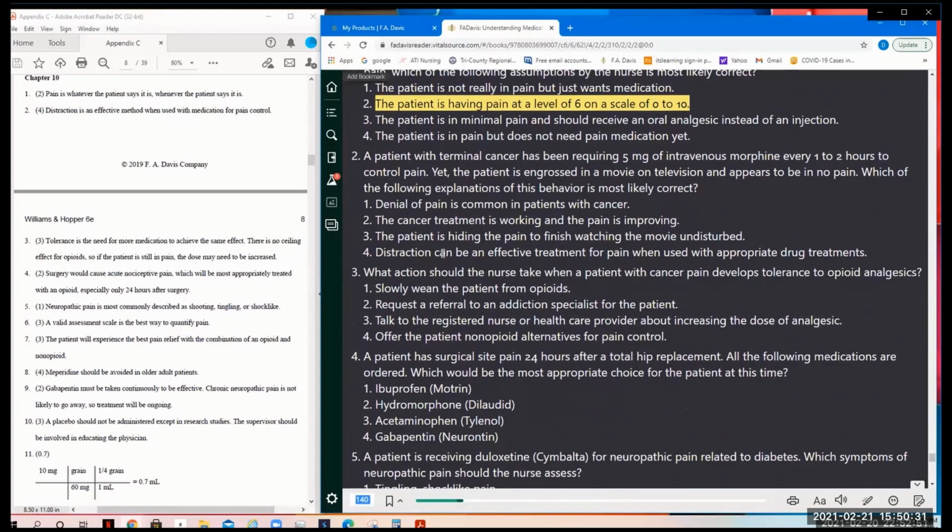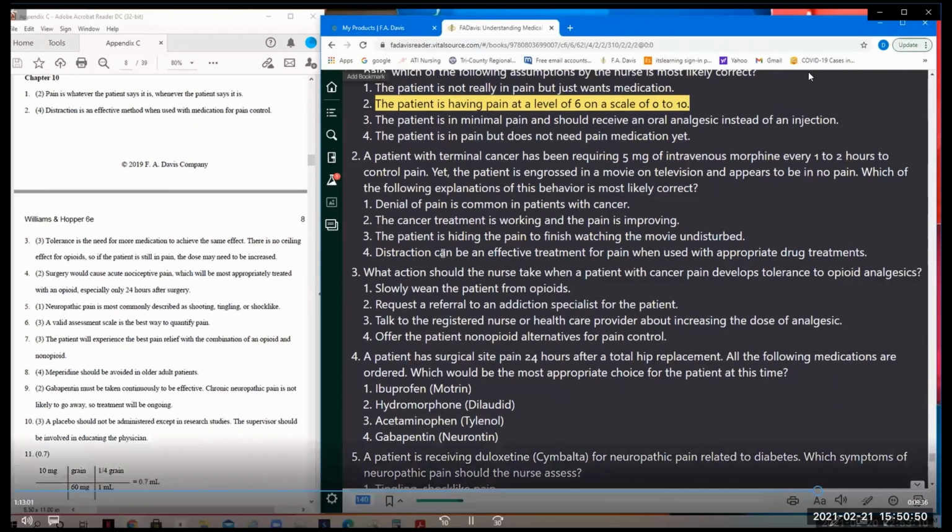Is it 1, denial of pain is common in patients with cancer? 2, the cancer treatment is working and the pain is improving. 3, the patient is hiding the pain to finish watching the movie undisturbed. Or 4, distraction can be an effective treatment for pain when used with appropriate drug treatments.